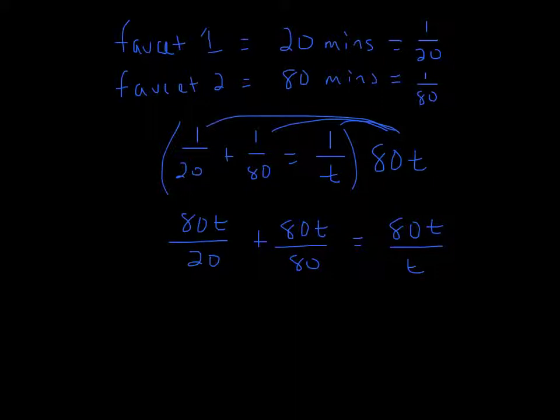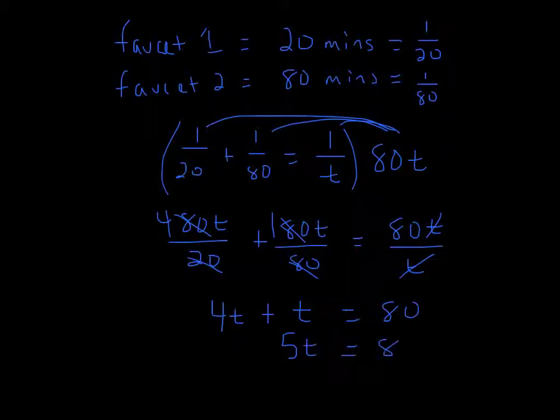It goes to everything in there. All right, now we cancel. 80 and 20 cancels into 4. 80 and 80 cancels to 1. And t and t goes away. So we have 4t plus t equals 80. So 4t and t is 5t equals 80.